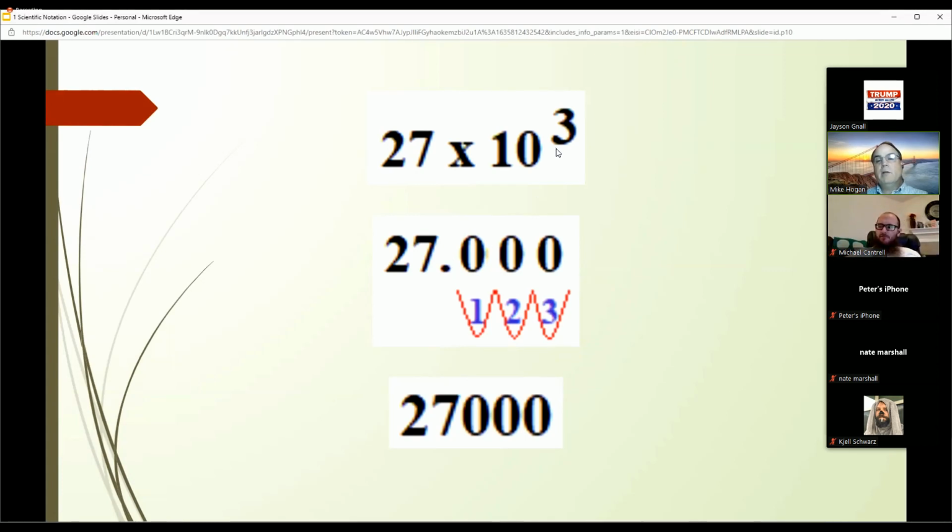This number is going to be larger than 1 because I've got an exponent that is greater than 0. It's not a negative exponent. It's a positive exponent. So therefore, it's just a matter of writing down 27, and I'm going to move that decimal that's understood to be right there 3 places. And so I wind up with 27,000.